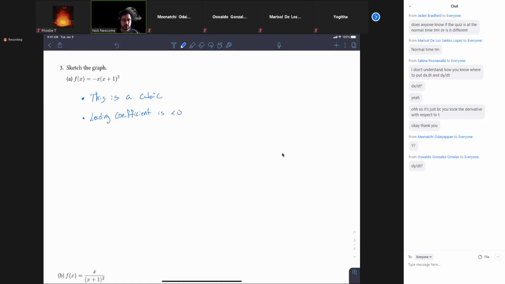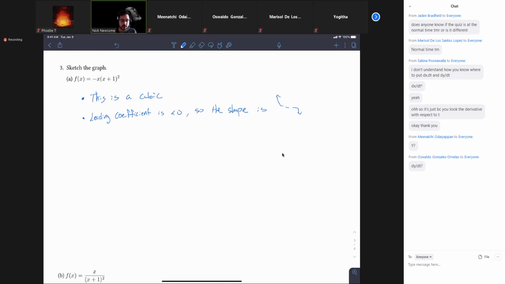It's actually -1, but negative is good enough. So if we remember our algebra, you know that the shape is going to be something like this. I don't know exactly what's going on in the middle yet, but I know that it's going to be increasing going to the left and decreasing going to the right.